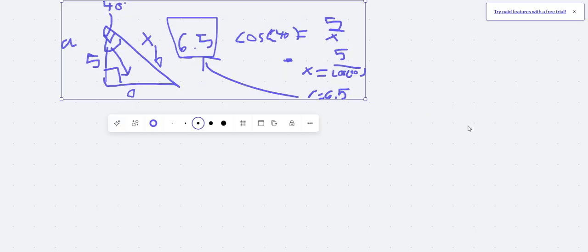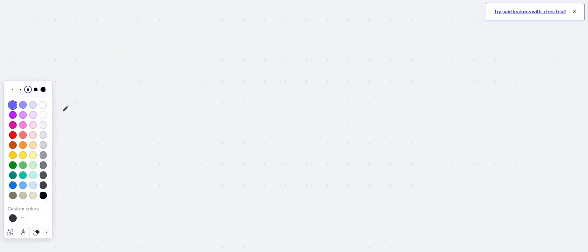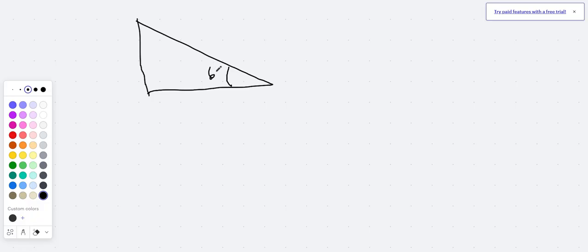Okay, let's do one more example to wrap it up for sine. Okay, so let's do a triangle where they'll say this is 65 degrees, and this will be 90, and this is opposite.